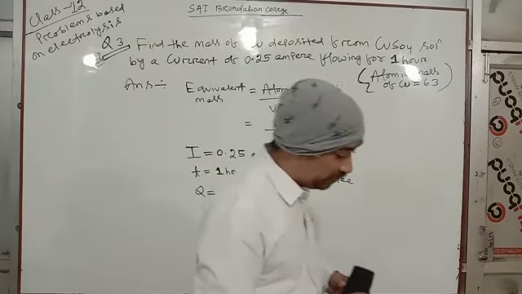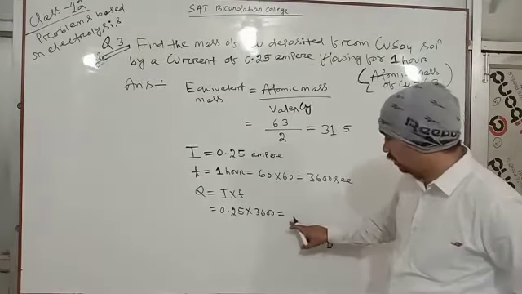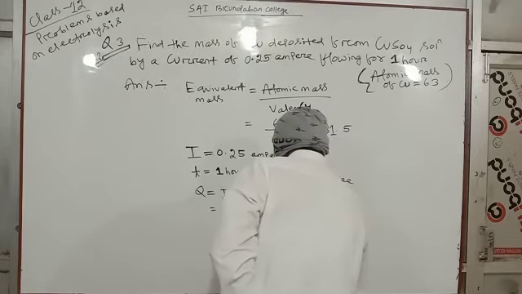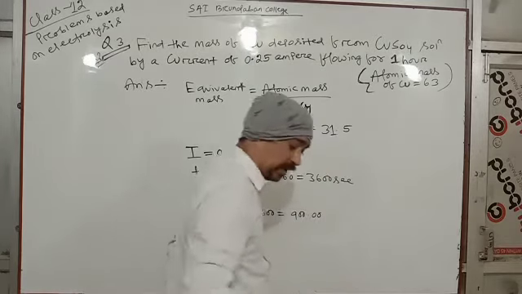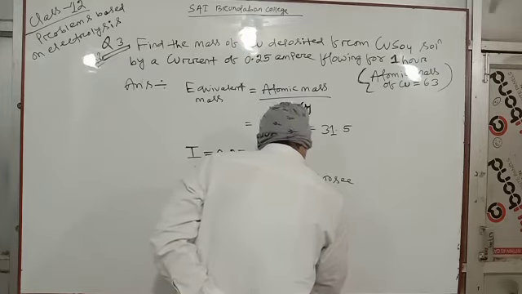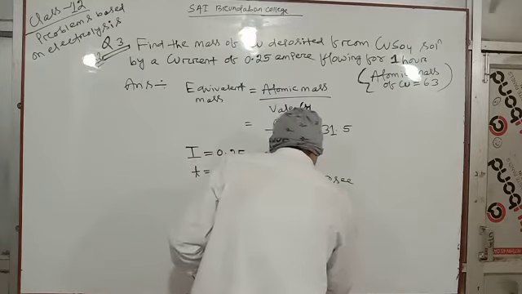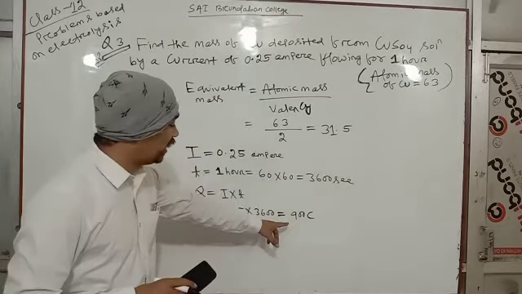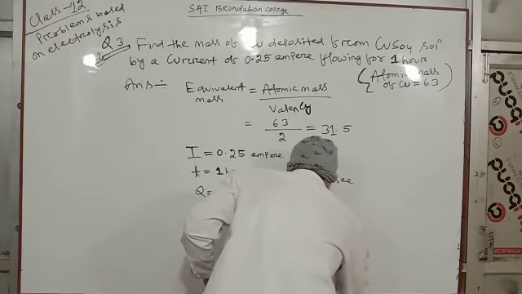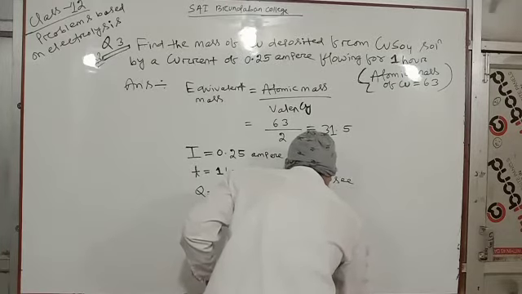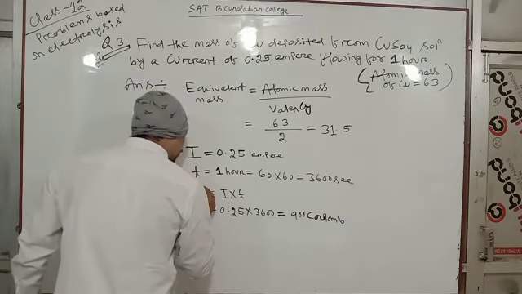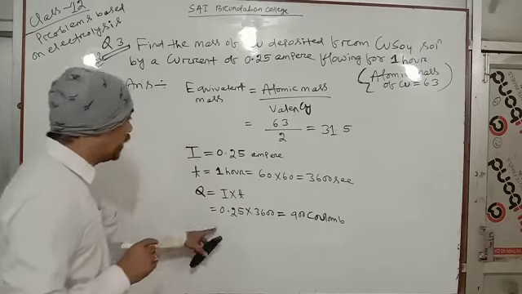0.25 into 3600 comes to 900 coulomb. Clear. So Q is equal to 900 coulomb.